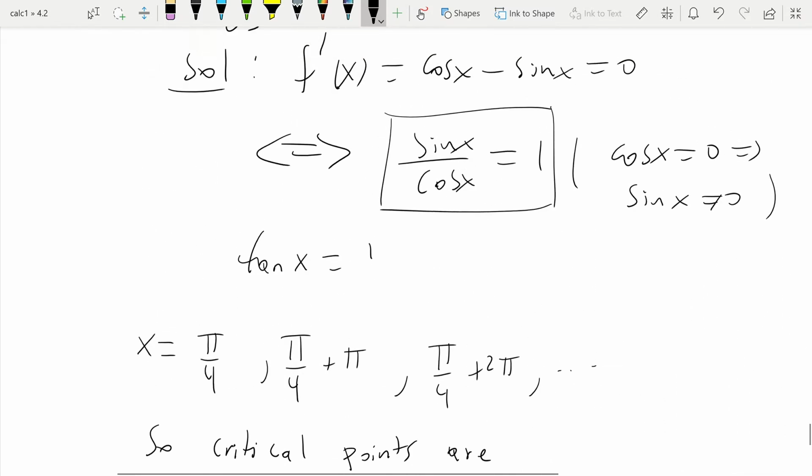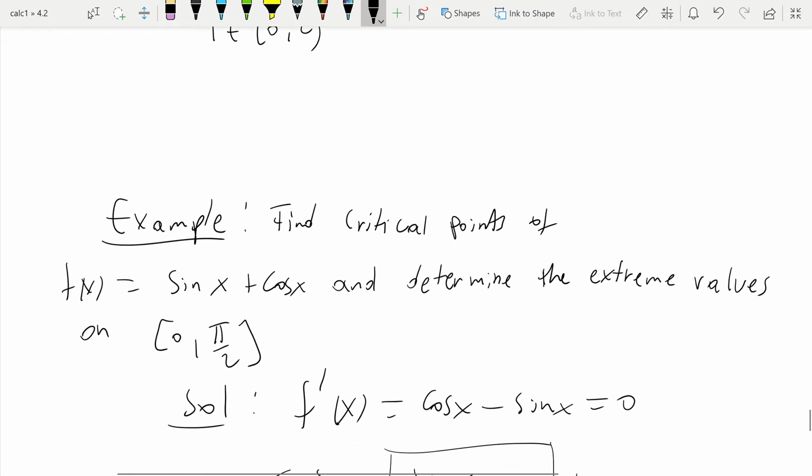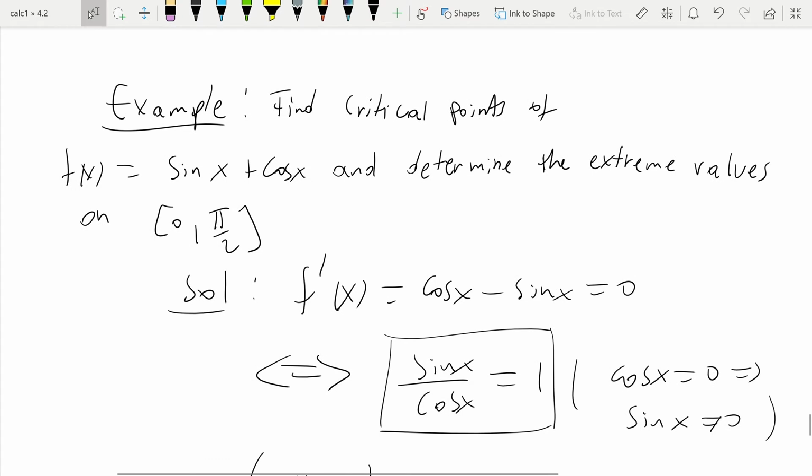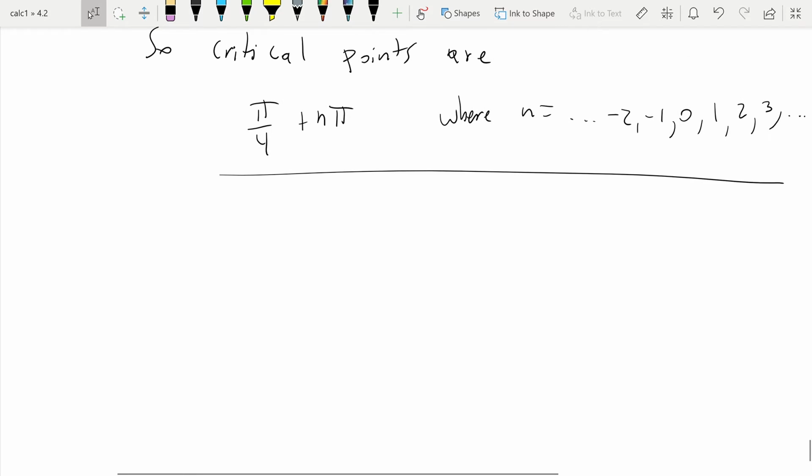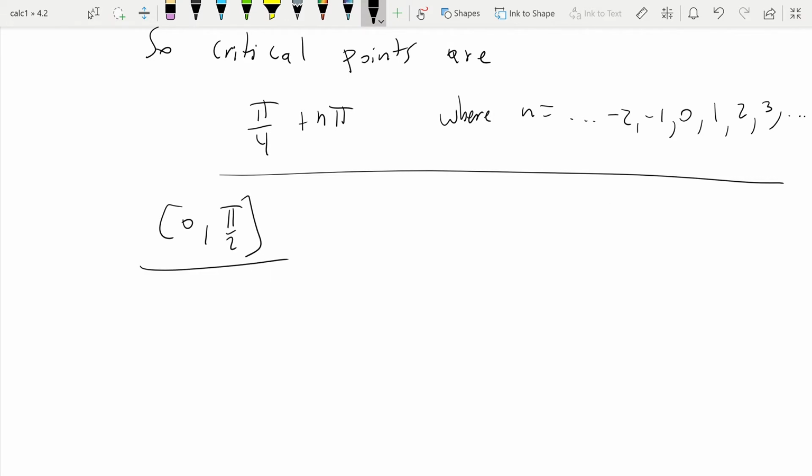Okay, so we completed the first task. We were asked to find the critical points, and now we have to determine the extreme values, but now we've reduced the interval which we're looking at, which is [0, pi over 2]. So what do we need? We need the endpoints. What is f at 0?